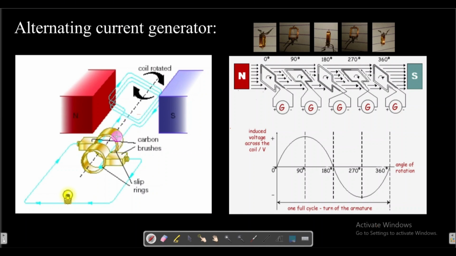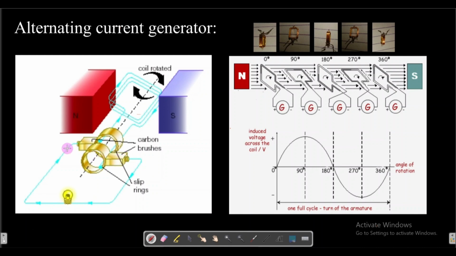With each terminal of this coil, one slip ring will be attached. This slip ring takes the current from the terminal of the coil, and that current is further passed to this carbon brush. Similarly, we have this slip ring attached to the other terminal of the coil, and the current from this slip ring proceeds towards the other carbon brush.